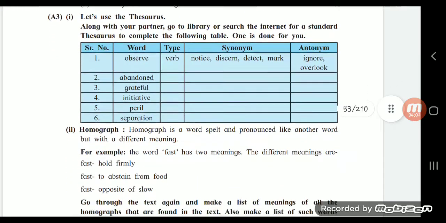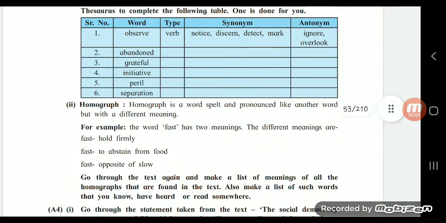Then next part, homograph. Now this is a very fun activity, or fun kind of word study. Okay, homograph. What is basically the meaning of that? A homograph is a word spelt and pronounced like another word, but with a different meaning.